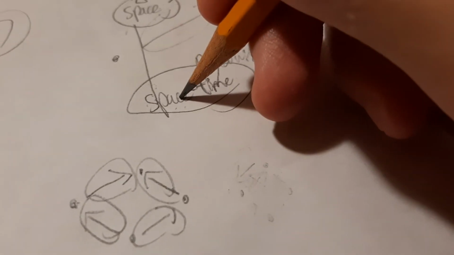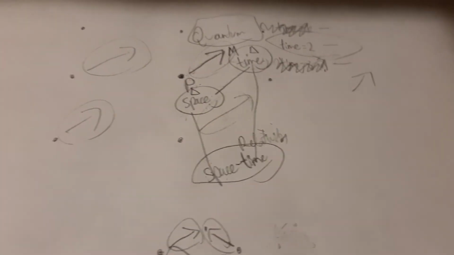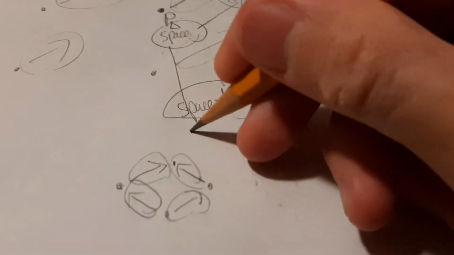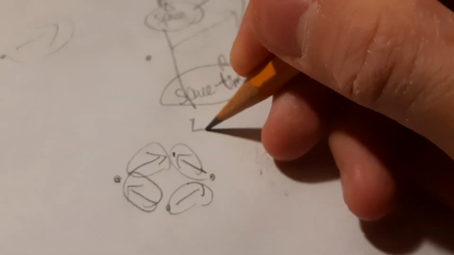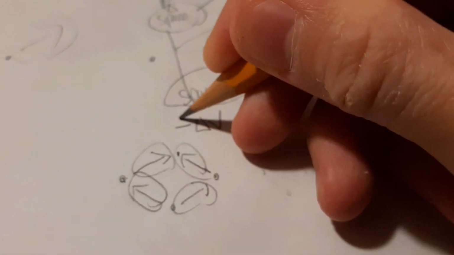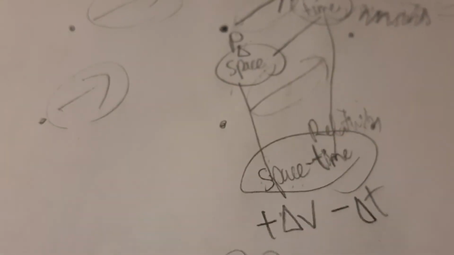The more space you pass through, the less time you... Sorry, that's not correct. The faster your velocity, the more... when you increase velocity, you decrease the amount of time that passes. So there's some sort of relationship between these components, and there's a couple ways to describe it.